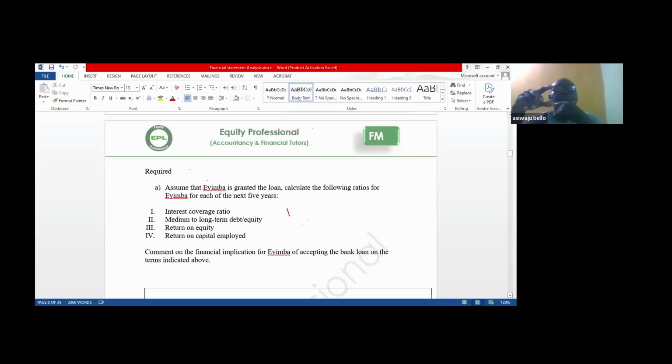Assuming Enyimba is granted the loan, compute the following ratios.